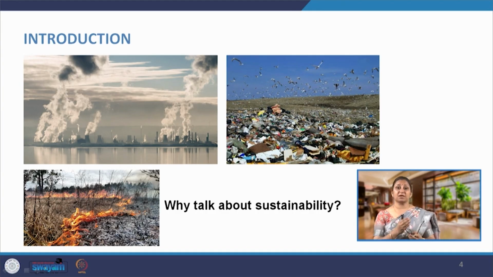While the problems that I have just mentioned are not just environmental in nature, they have manifestations in social aspects, they have manifestations on the economy, and it is an interconnected spiral that we are talking about. And so, we are talking about sustainability, and this is not new. The discussion on sustainability is not new, as you will quickly see in the later part of this lecture.